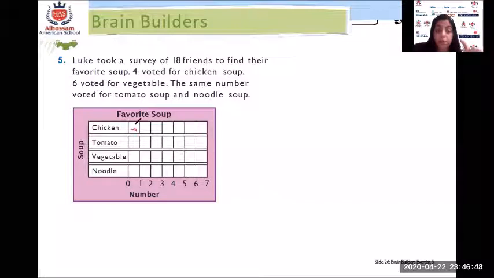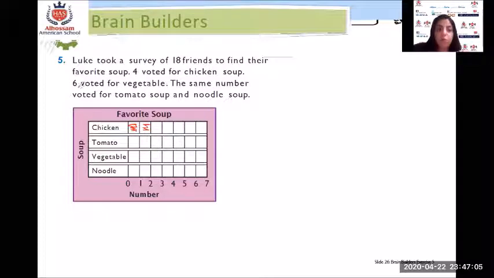This equals 2, and this equals 2. So like that, 2 and 2 equals 4. You understand now?